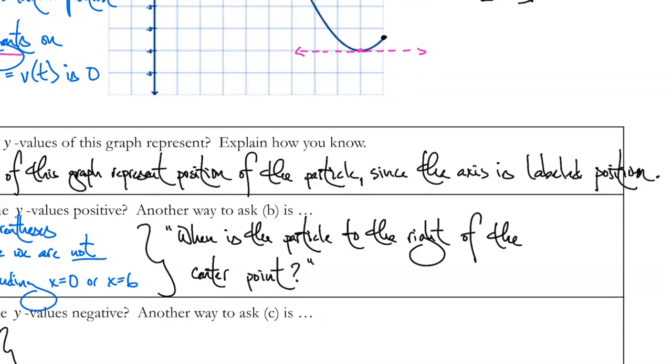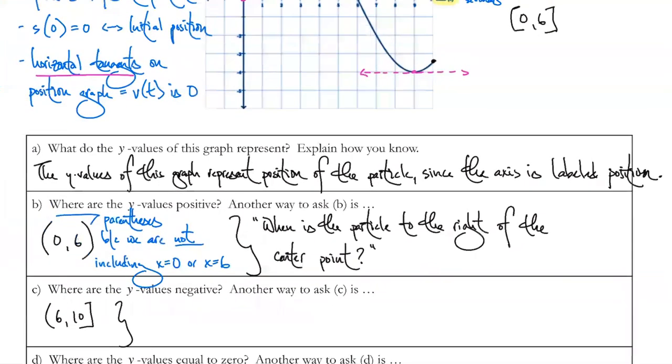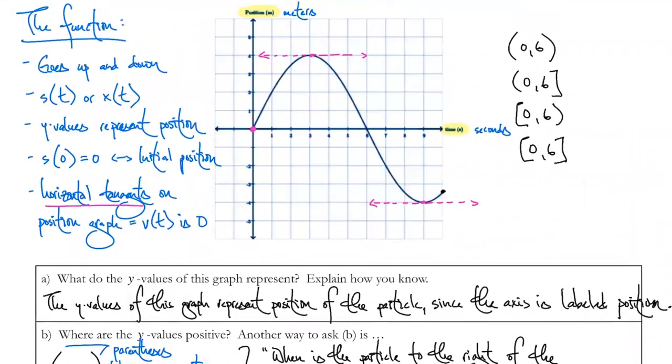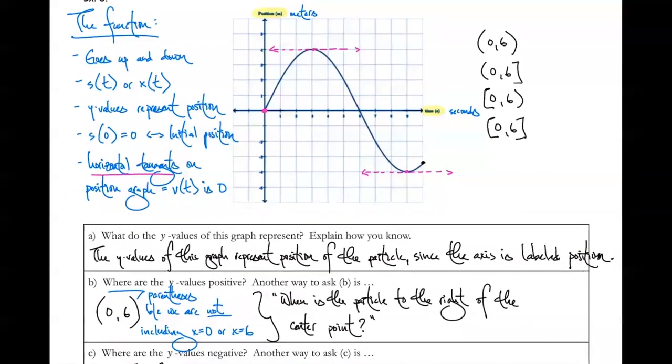Okay, so someone might say, when is the particle to the right of the center point? And in your brain, you would say, they're asking me to find where are all the y values positive. And then you'd go to your graph and find out where those y values are positive. Okay.